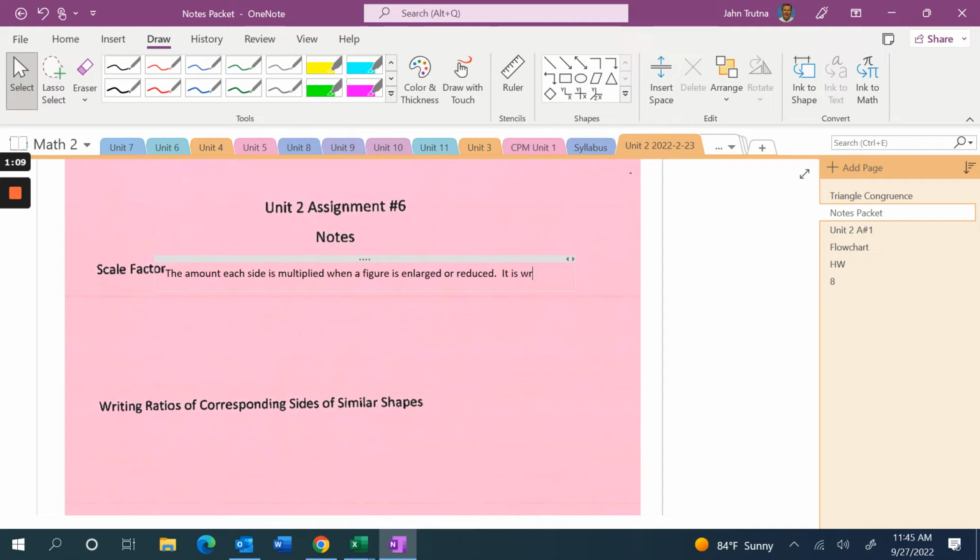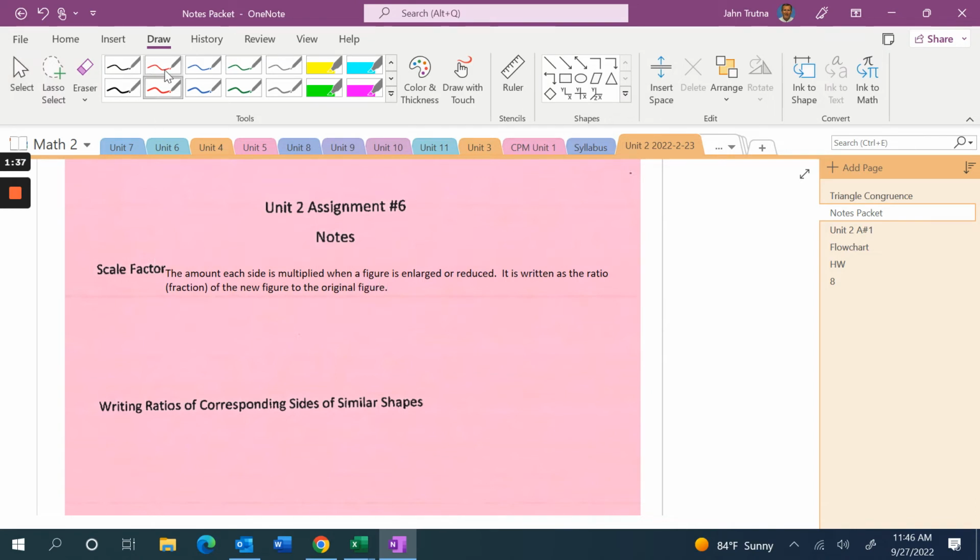It is written as the ratio, which means you're going to write it as a fraction. Ratio means fraction. So it is written as the ratio of the new figure to the original figure.